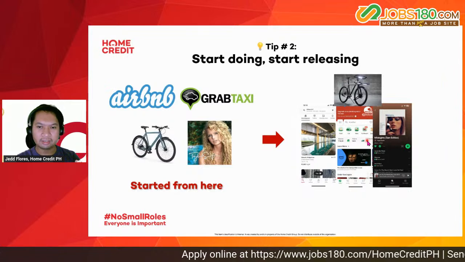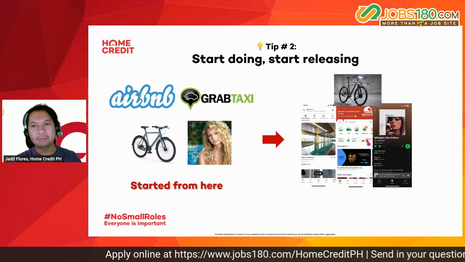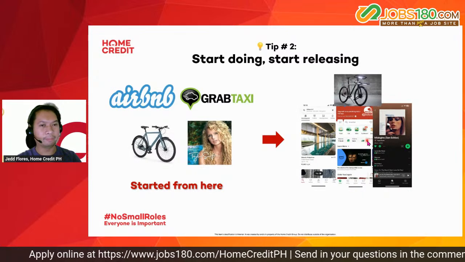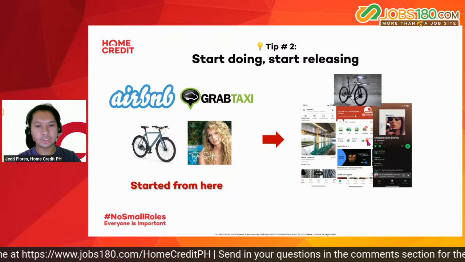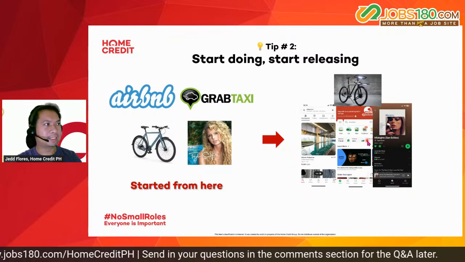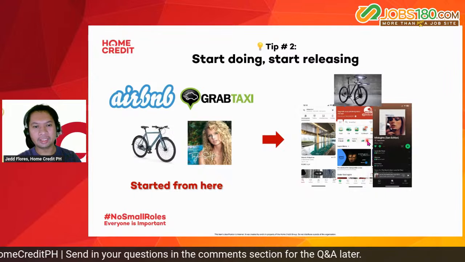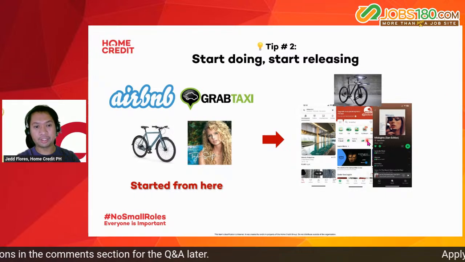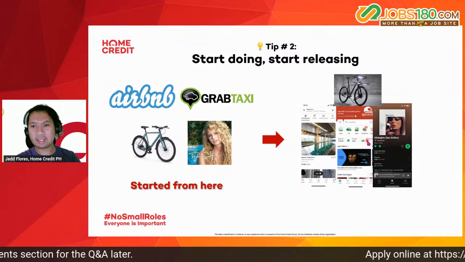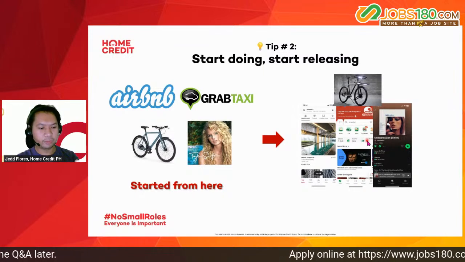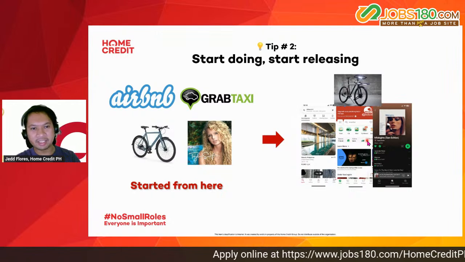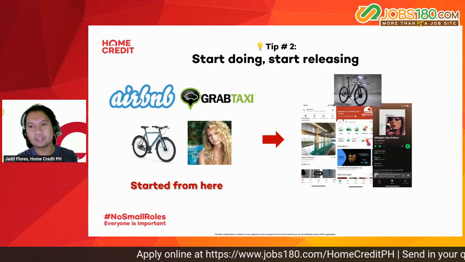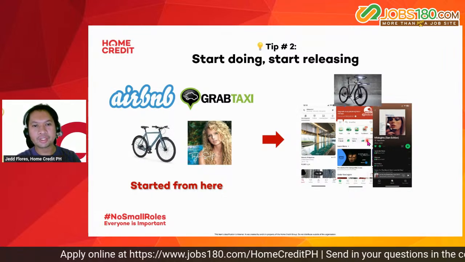Airbnb just provided a way for people to find accommodation nearby. It could be a room. It could be a house that a person may not have been using. Grab Taxi was really just for taxis before. No private cars or other modes of transportation, and even other use cases were available.